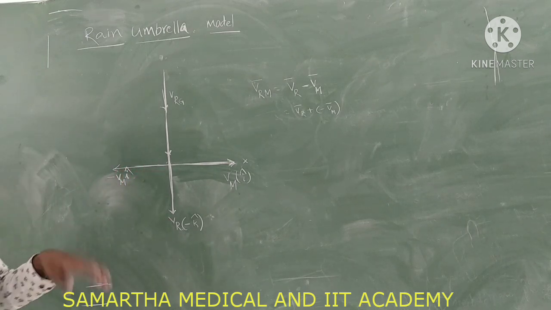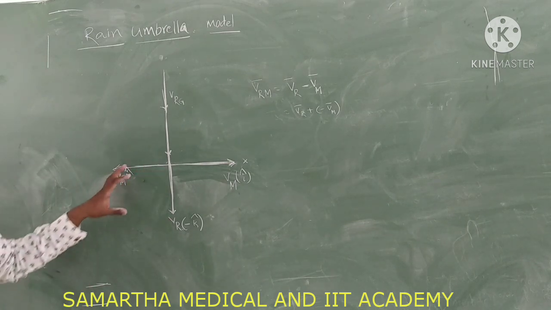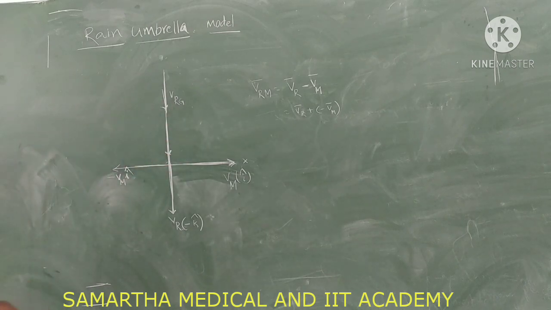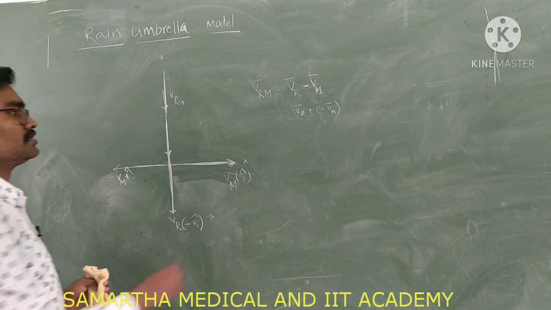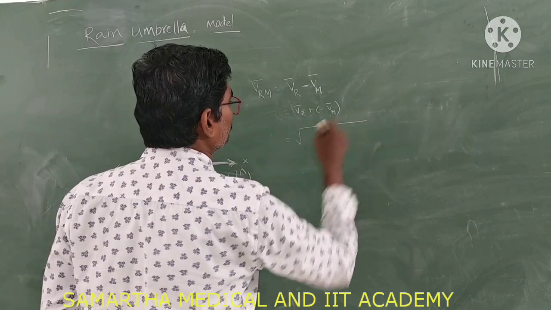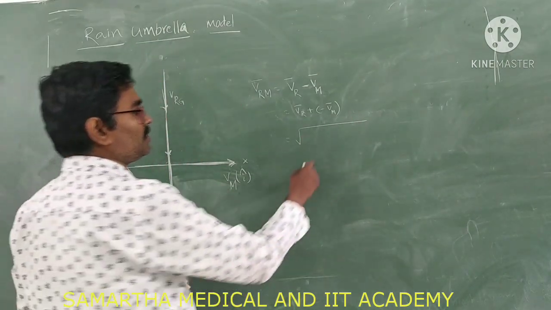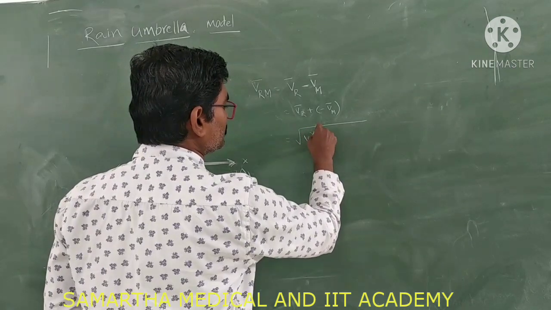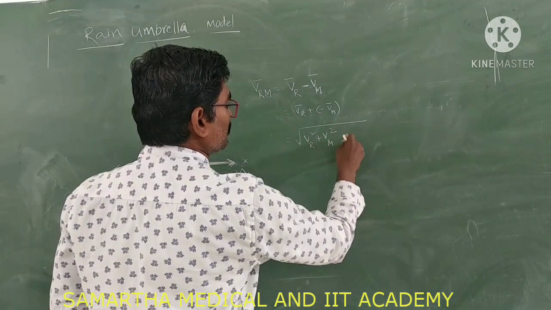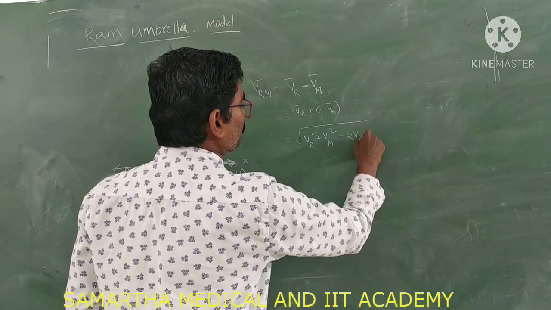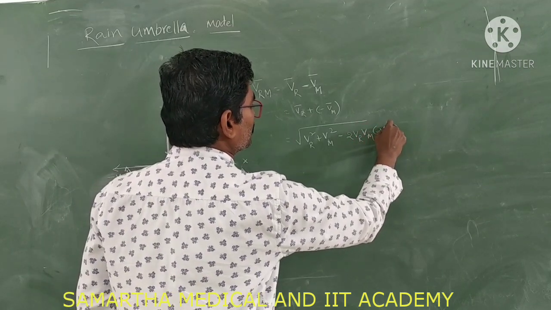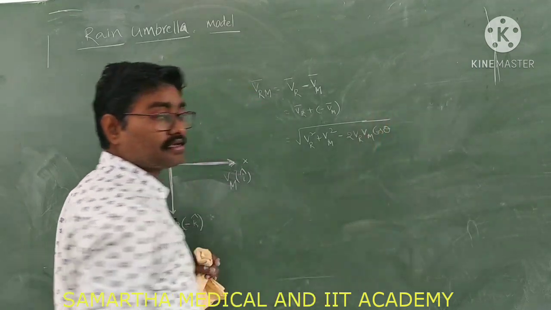And this is Vr into minus k cap. I want to find the resultant. Normally, by the parallelogram law of vectors, it is Vr square plus Vm square minus 2 Vr Vm into cos theta. Correct or not?